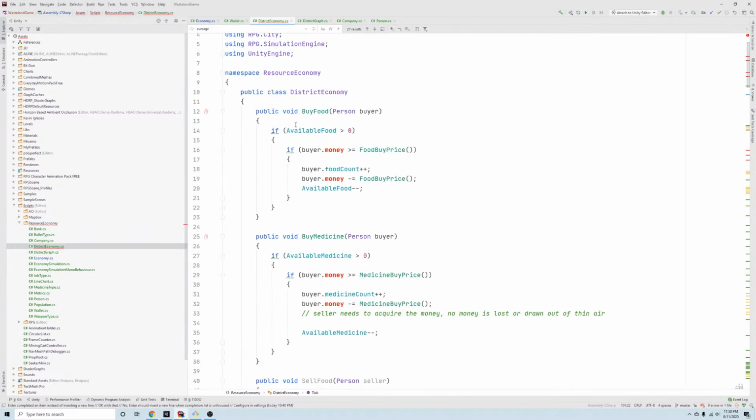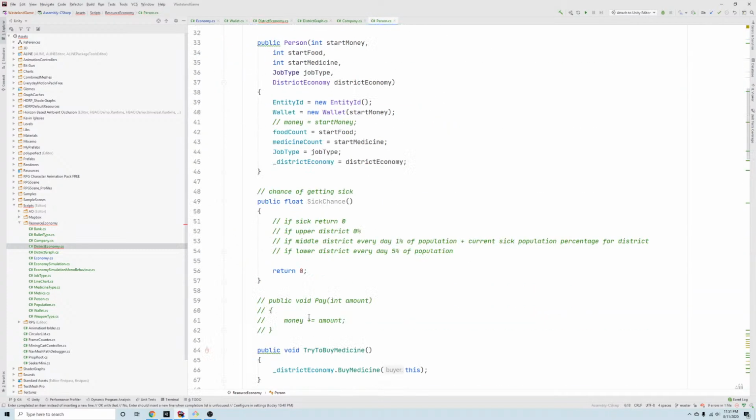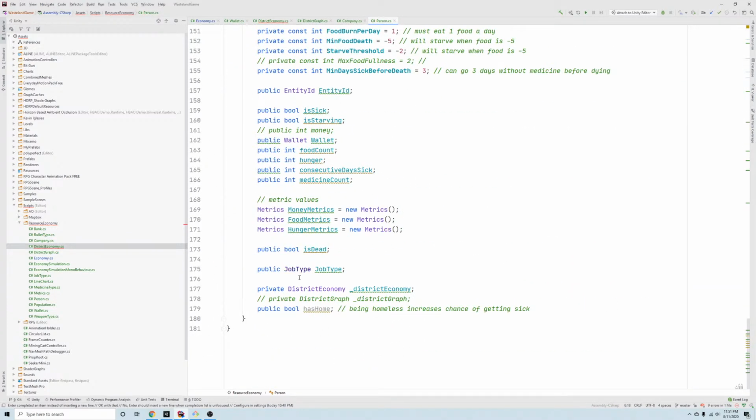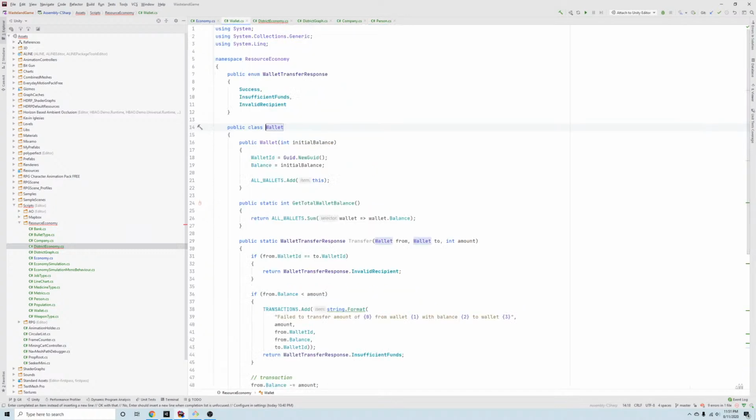All money exchanges are now a transfer between two parties, which means a district economy needs an owner, or it needs a list of shareholders, or other classes that have a wallet as well.